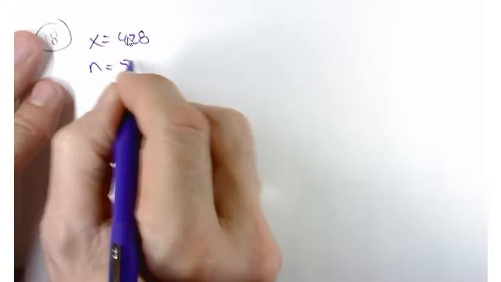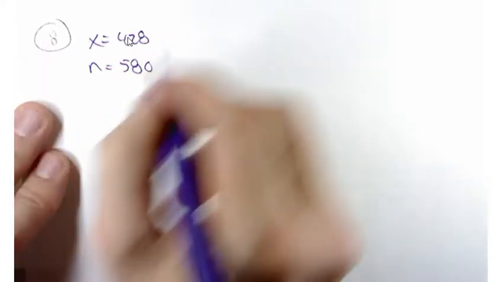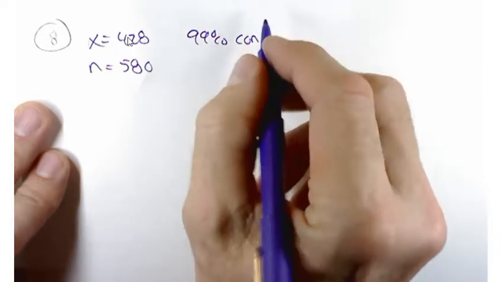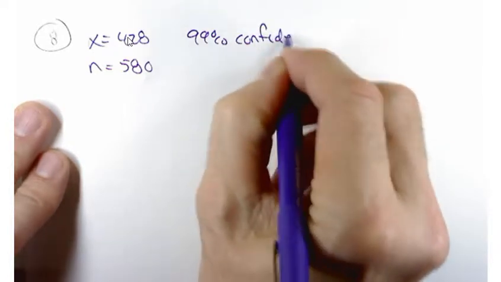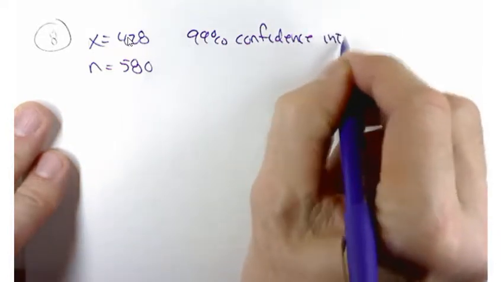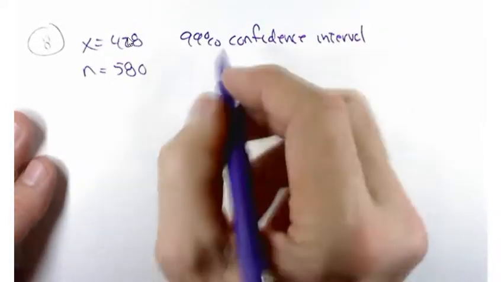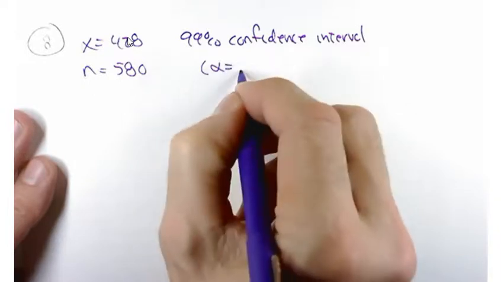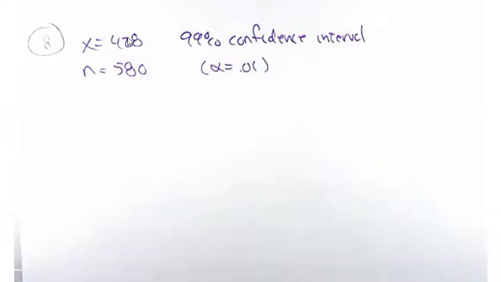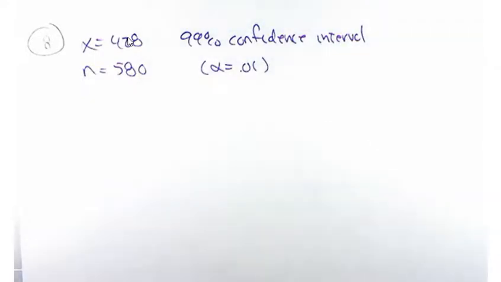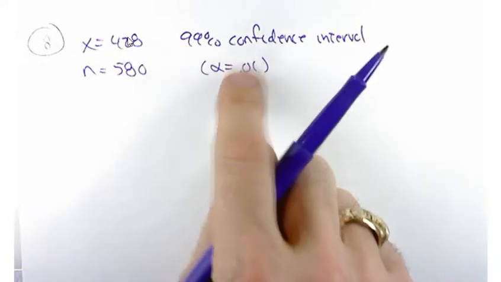N was 580. And we want a 99% confidence interval. What that means is that alpha is going to be 0.01 or 1%. I don't know that we're going to need that value directly in this one, but it does mean that alpha is 1%.